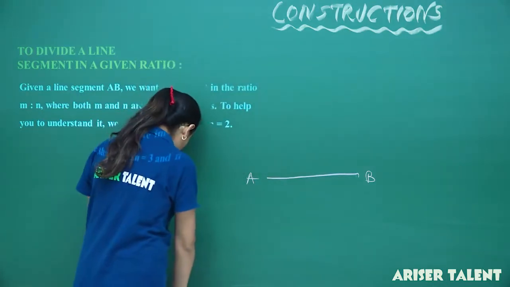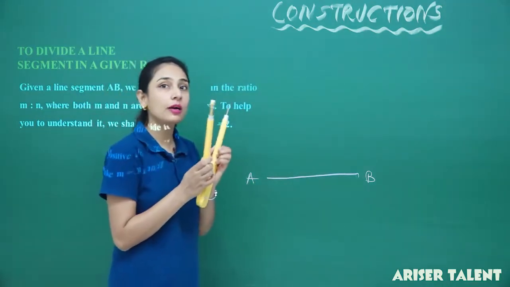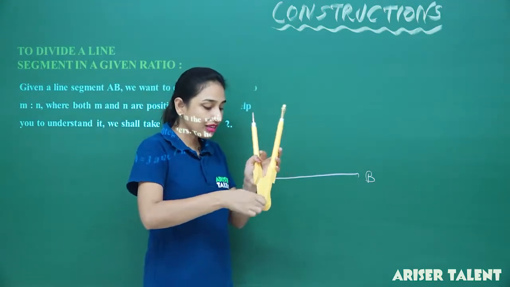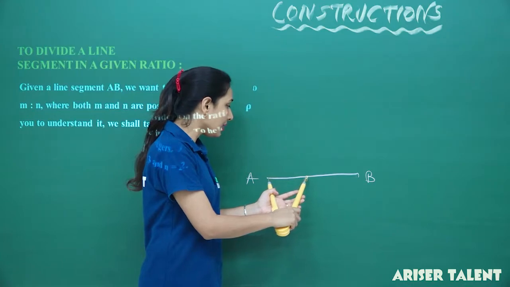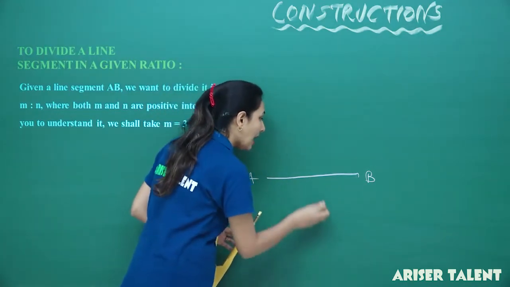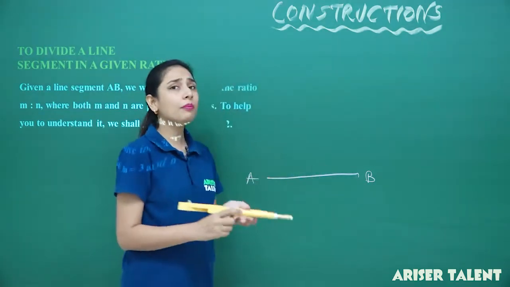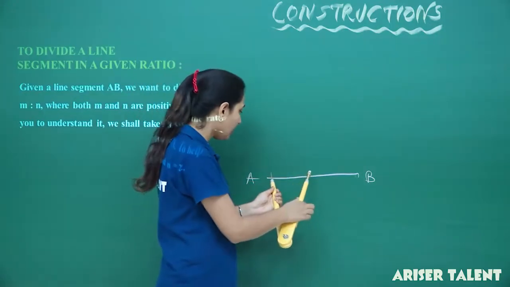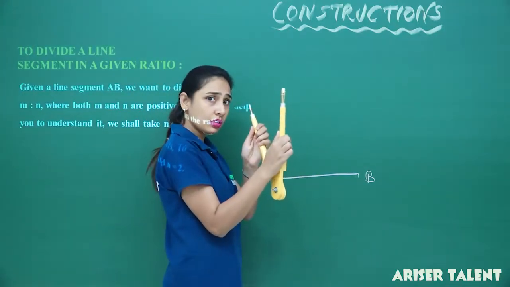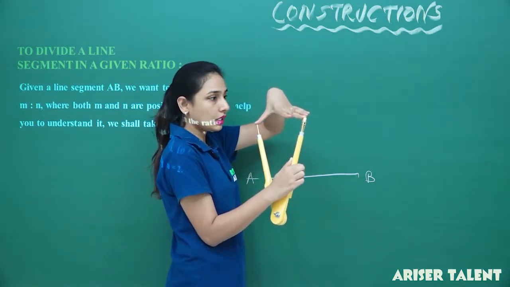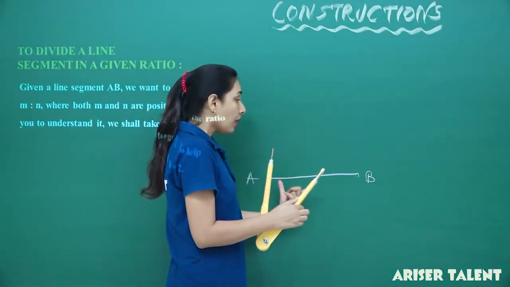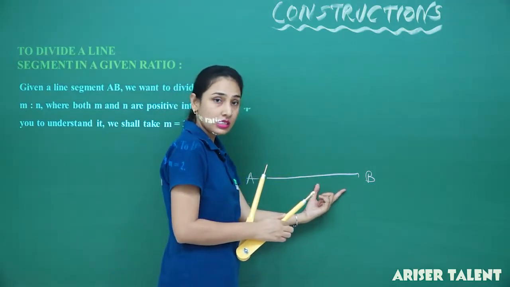Then what you would do is take your compass and tighten it, so that the compass length is more than half of this line AB.